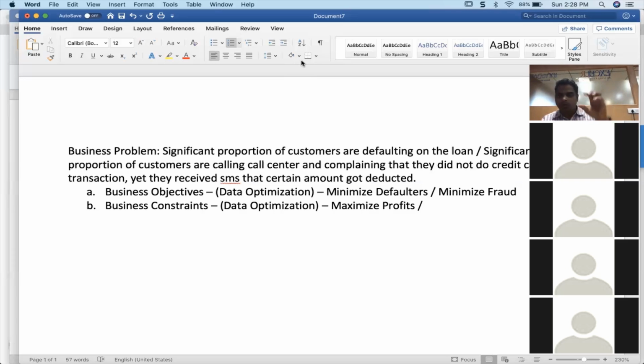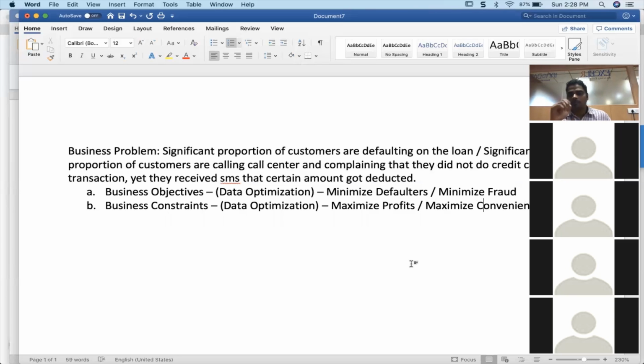So your bank or your customer would put a condition on you. That's called a business constraint. What would that condition be? While you try to minimize fraud, maximize convenience. Right? Maximize convenience. Now it would be an interesting problem to solve.